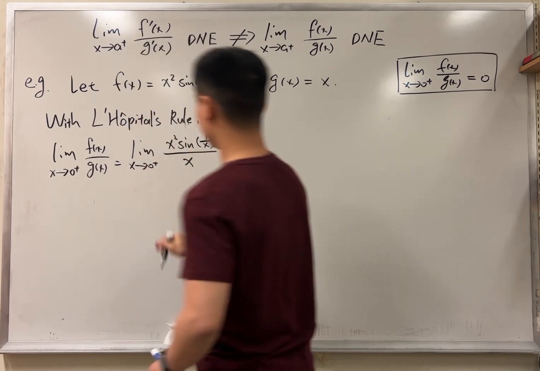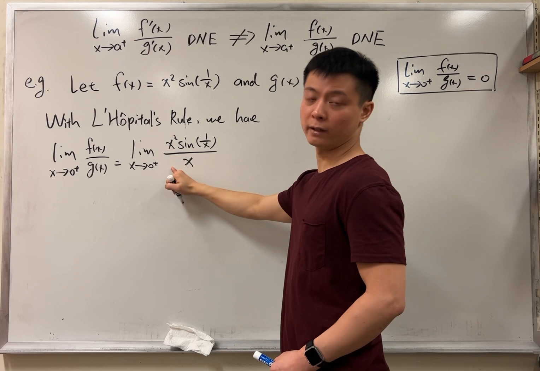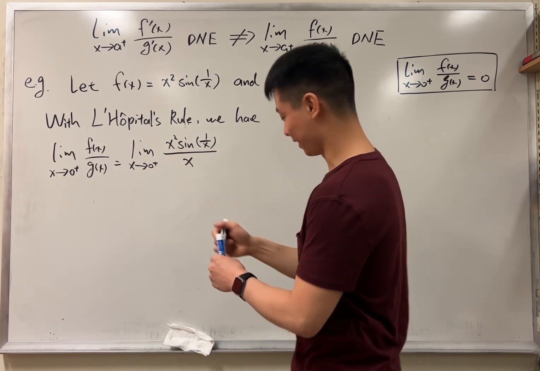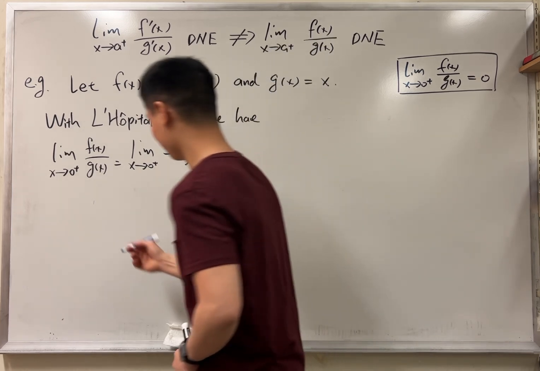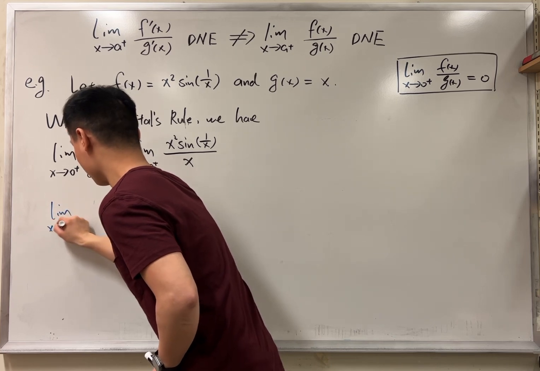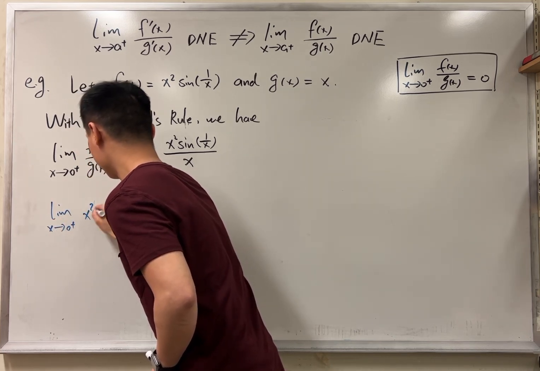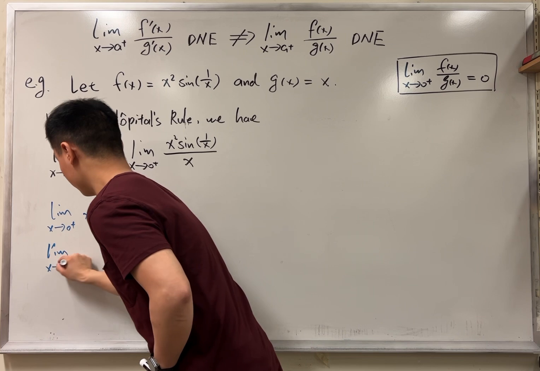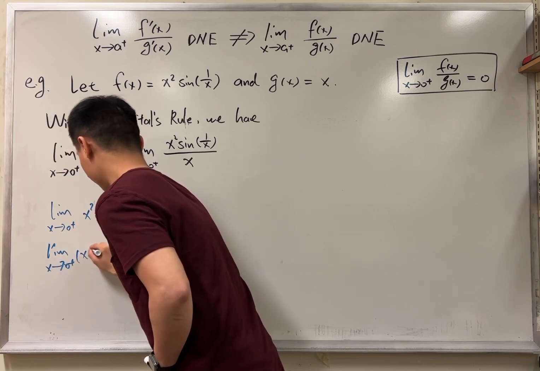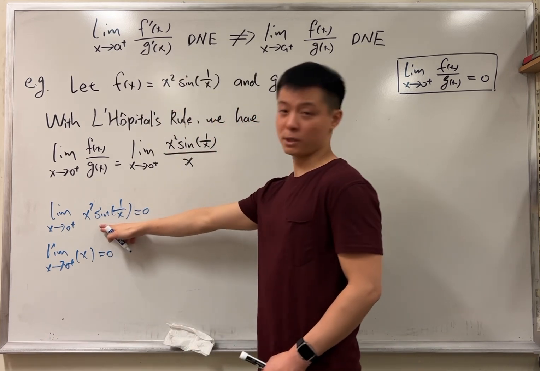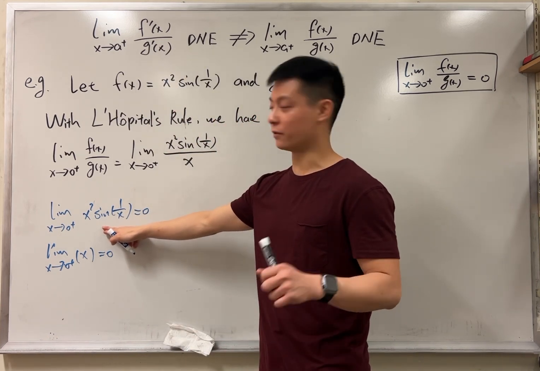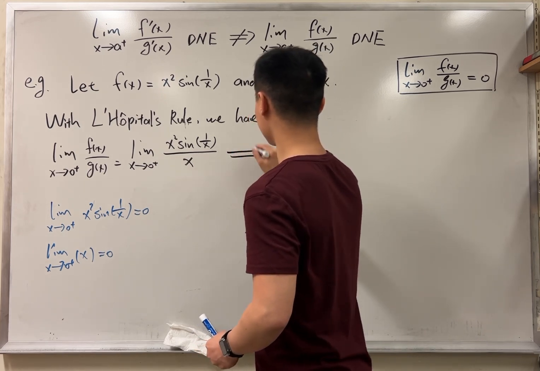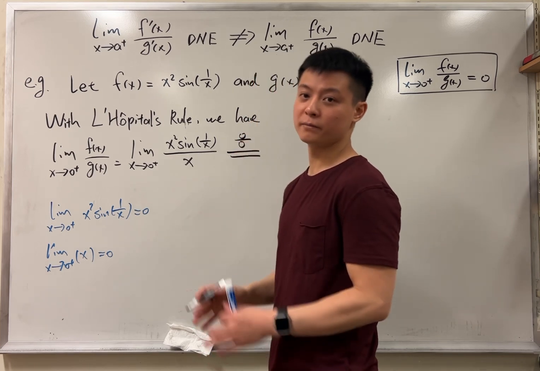We see the top function and the bottom function both go to 0 as x approaches 0 plus. So let me write that down. We have the limit as x approaches 0 plus for the top function being 0, and the bottom function has the same limit 0. This can be shown by using the squeeze theorem, just like before. So what we have here is actually a 0 over 0 indeterminate form that allows us to use L'Hopital's rule.